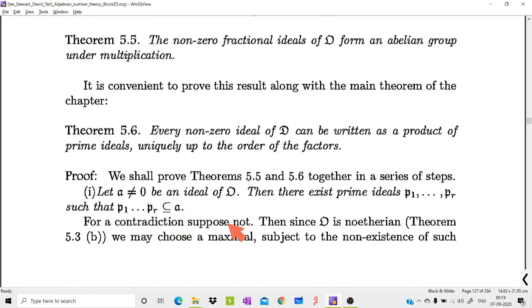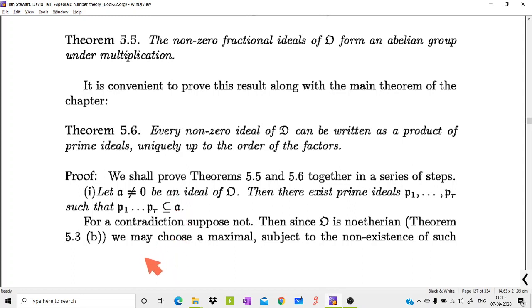For a contradiction, suppose that it is not true. That means there exists a non-zero ideal A for which we cannot find P1, P2, etc., PR such that P1 P2 etc. PR is contained in A. Now we can define a collection of ideals of this property.